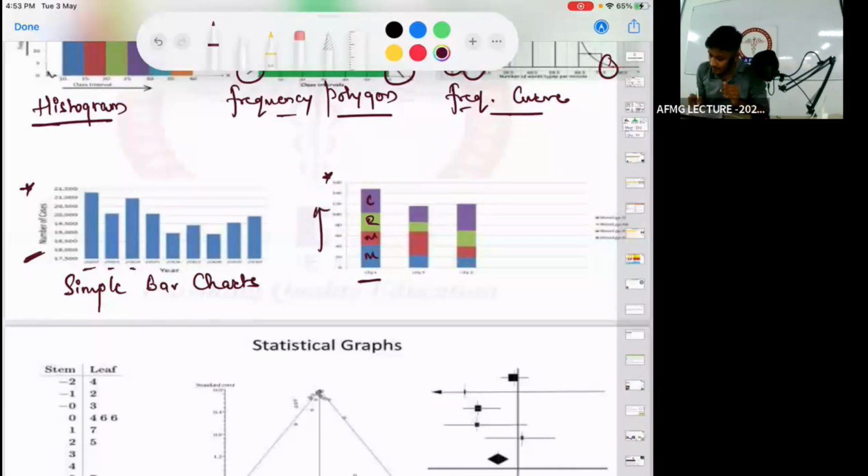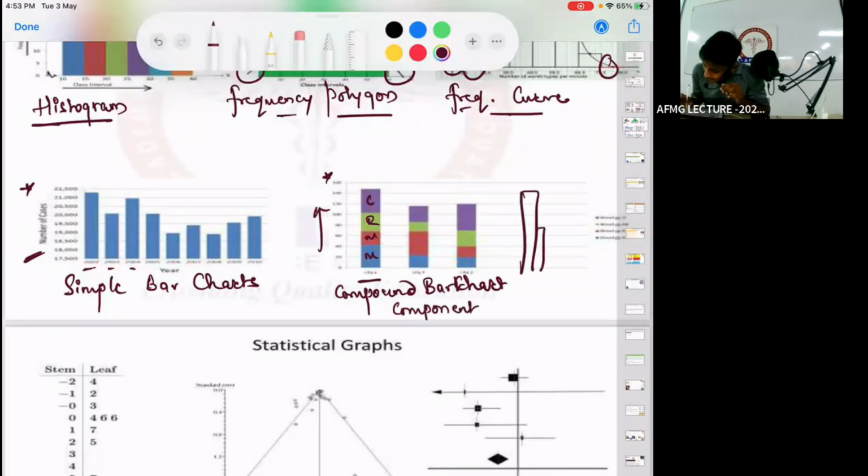So this is called a compound bar chart. If there are many components in a single bar, it is a component bar chart or a compound bar chart. Component is also what you call it, no issues with this. Whereas if I show something like this, then it is called a multiple bar chart.